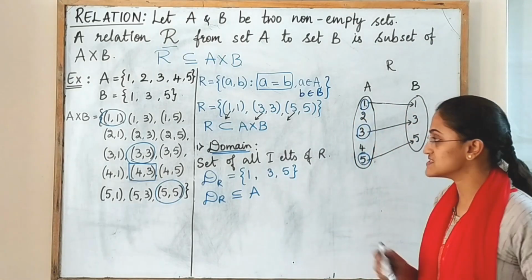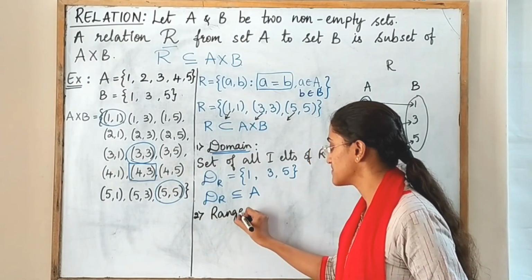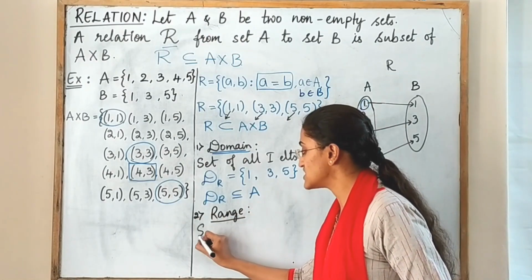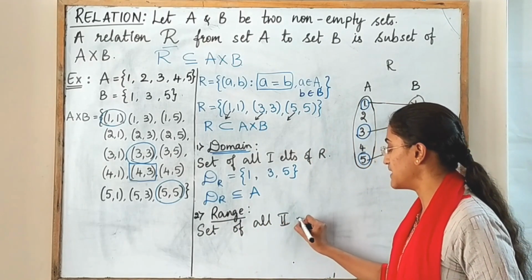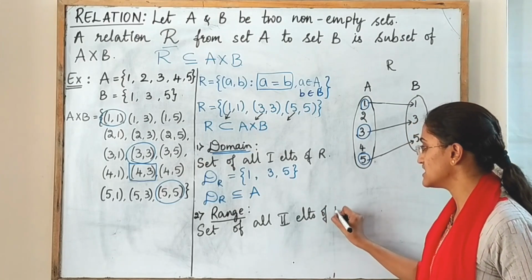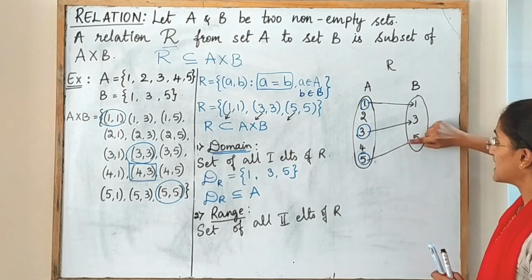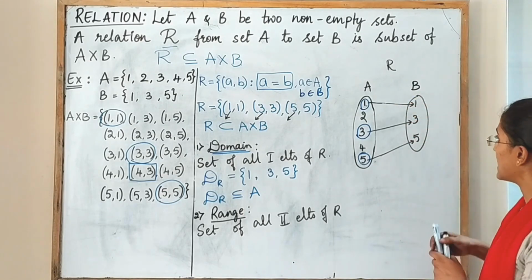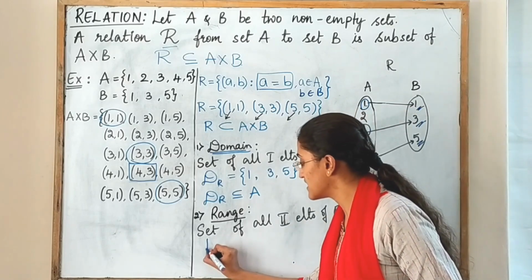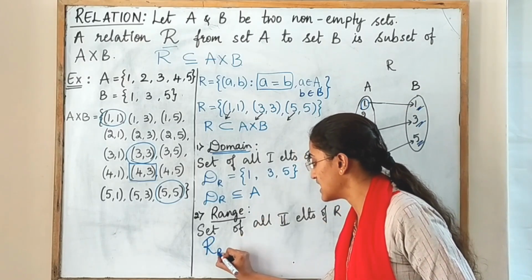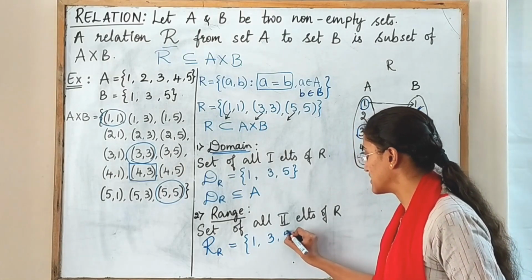Now the second concept is about the range of the relation. The range of the relation is nothing but the set of all second elements of the relation R. Look at the arrow diagram again. The second elements which are connected from the first elements are 1, 3 and 5, and hence the range of the relation R is nothing but {1, 3, 5}.